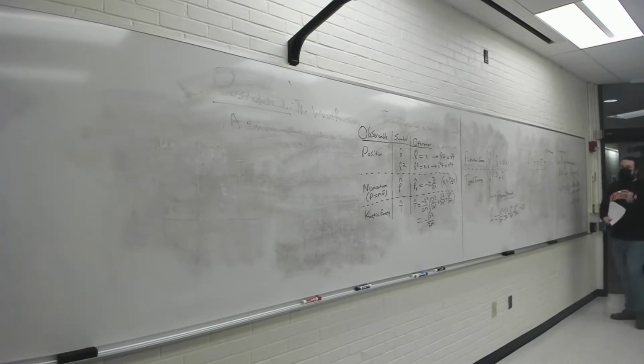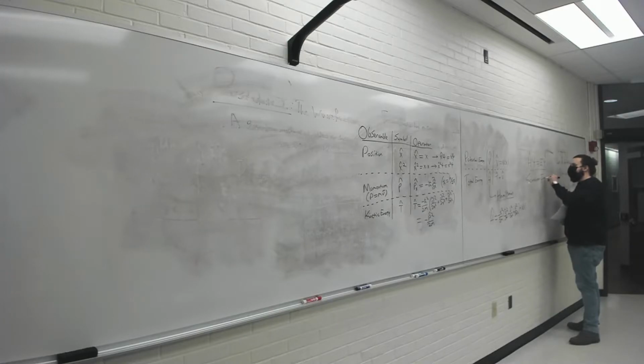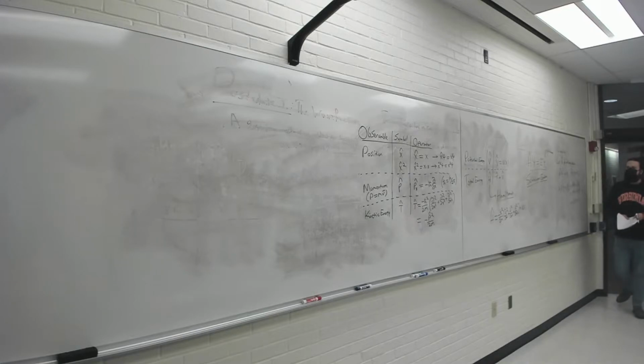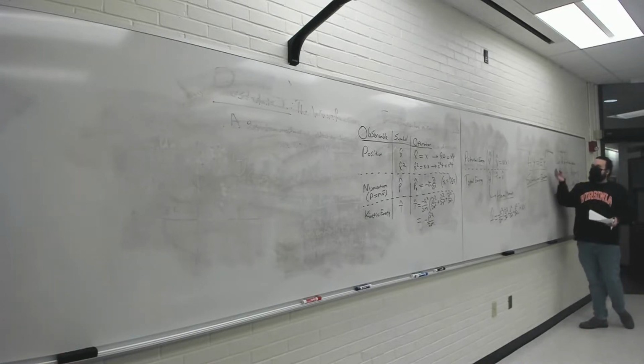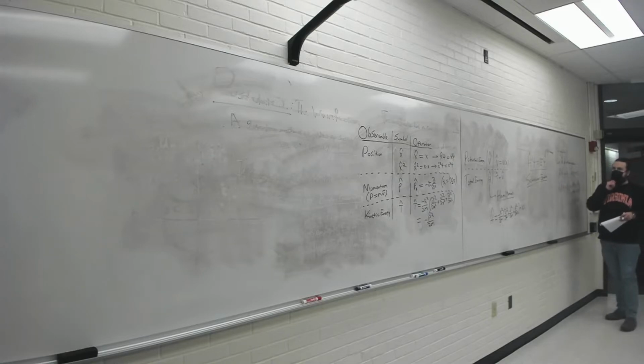And this equation is extremely important. This is called the Schrödinger equation, named after Erwin Schrödinger. This is our key tool for determining what our system's wave function is, or what the wave functions of our system are.